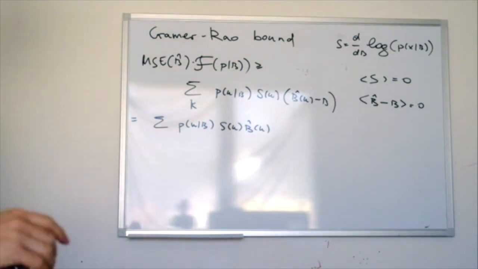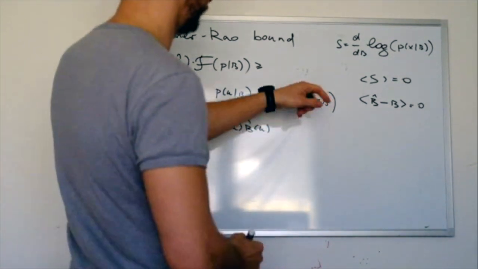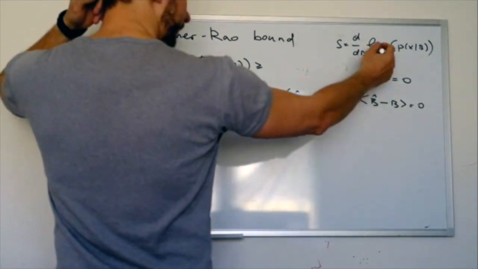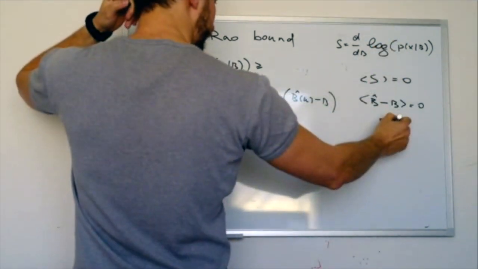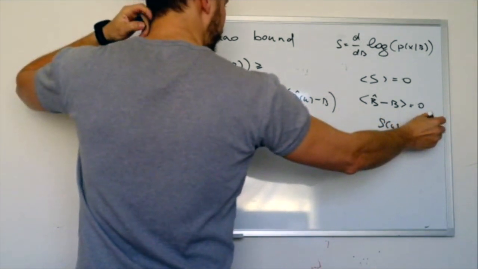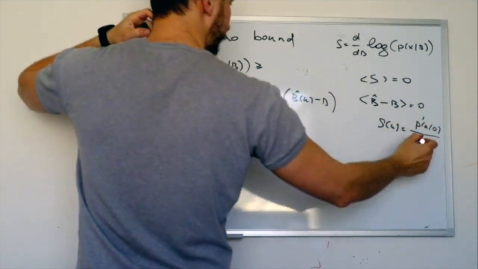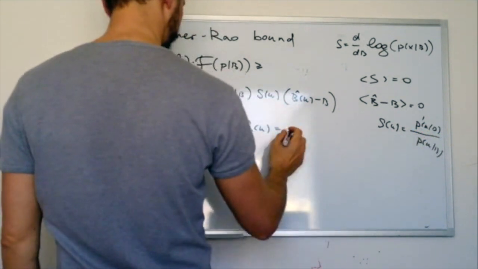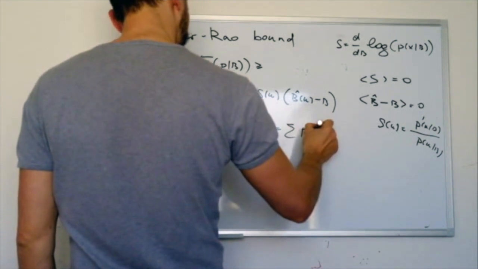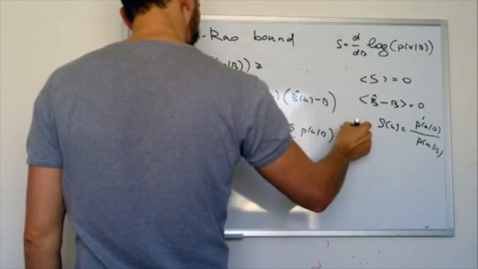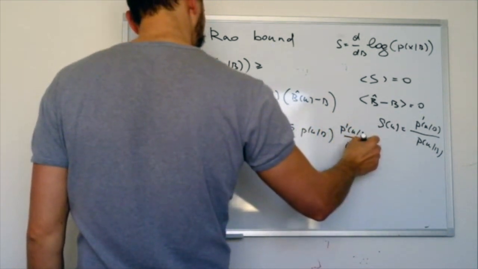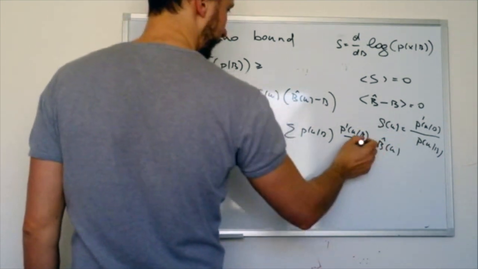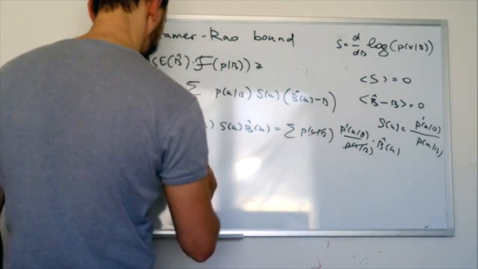Okay, now let's plug in the formula for s_k, which is, you remember, the derivative of the log. So s_k is p_k prime of b divided by p_k of b, and this thing is equal to the sum of p_k(b) times p_k prime(b) divided by p_k(b) times b hat_k. Okay, so this goes away.